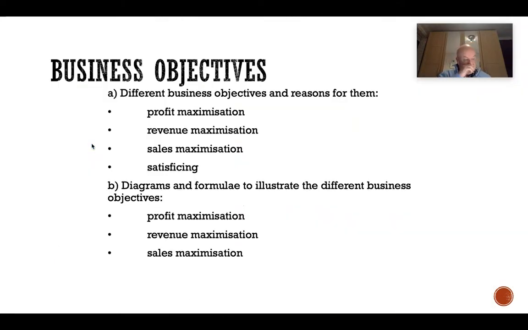Okay, so now in your books, we're looking at page 7 onwards. We've looked at the objectives of firms, briefly, in terms of the overall content you're going to need to cover, but we're also going to look in a little more detail at the different types of business objective.